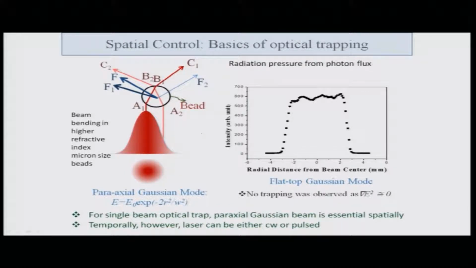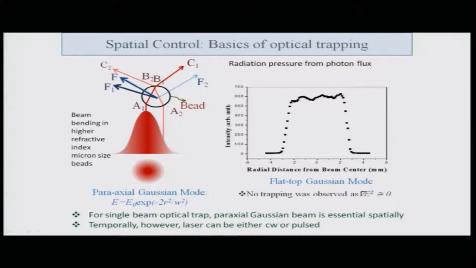So, the radiation pressure from the photon flux is utilized in this process of trapping the particle. So, this can be thought of in terms of the paraxial Gaussian mode, the spatial mode of the beam, and if a Gaussian beam is not available, in fact, if it is a flat top or a square or a rectangular beam spatially, it will not be possible to trap a particular bead in this fashion, because the gradient of the paraxial beam would not be possible to balance the forces.